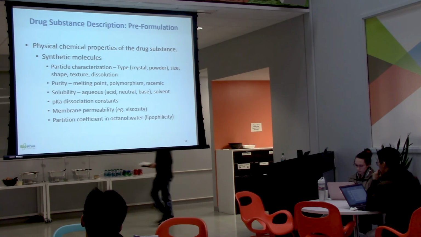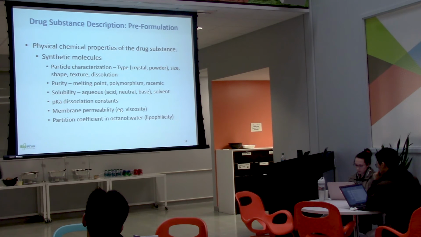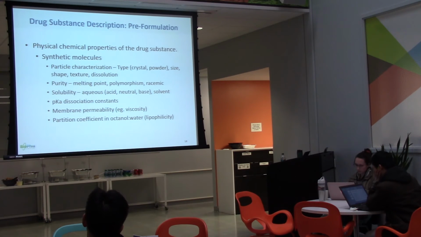So the next couple of slides talk specifically about small molecules versus biopharmaceuticals in terms of the physical characteristics and how you're going to formulate these things. So if it's a small molecule, what's the particle size? Does it dissolve very easily? What's its purity? And you can define that by melting point or other characteristics. What's the solubility in various solvents?